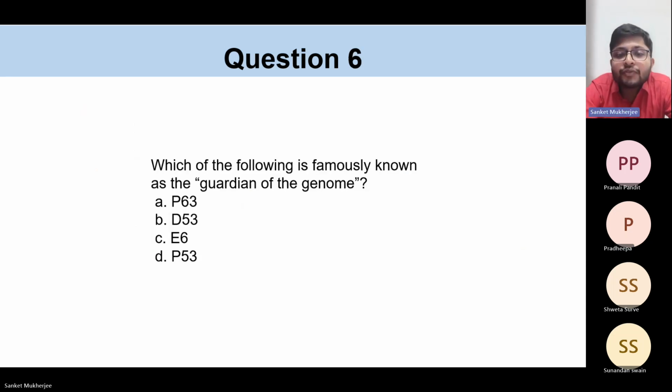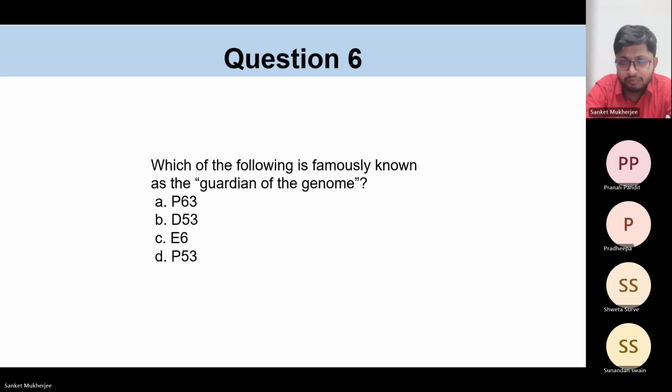Which of the following is famously known as the guardian of the genome? Is it P63, D53, E6, or P53? P53. You're right, it's P53. P53 is a tumor suppressor gene. I think a lot of you know about this.